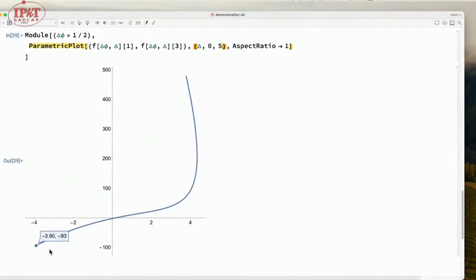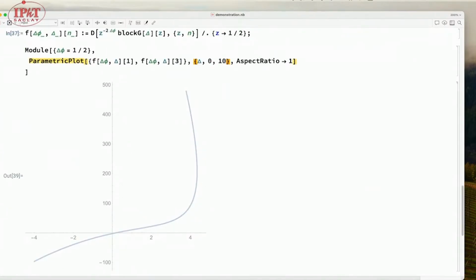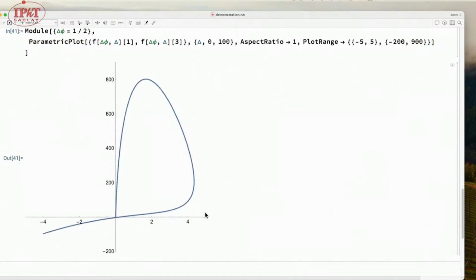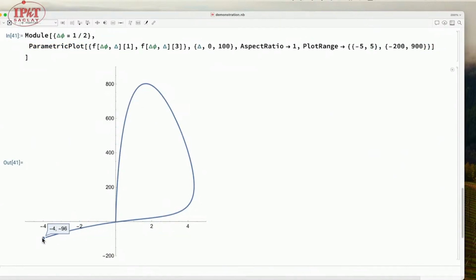Okay, so it's kind of similar to what I was plotting before. This is where the identity sits. If we go to higher delta, it's still not very good. To make it more visualizable, I'm just going to plot a certain range of this plot so that it looks nicer. That's much better. So this is where the vector starts at identity.